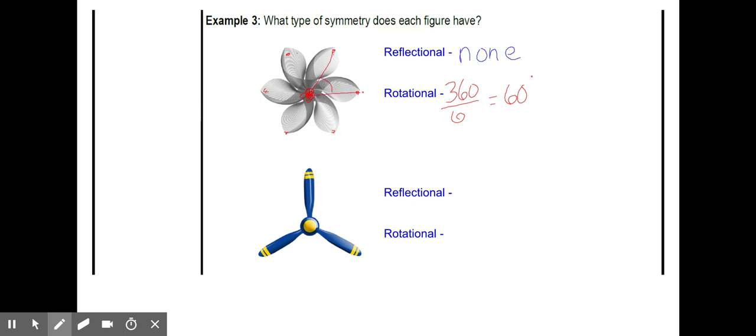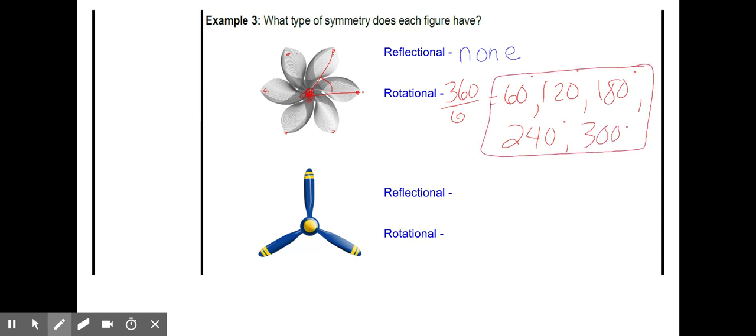But that's not the only angle of rotation. If we keep adding 60, 60 plus 60 gives me 120 degrees, plus 60 gives me 180 degrees, then 240 degrees, and one more of 300 degrees. So we have 5 angles of rotation.